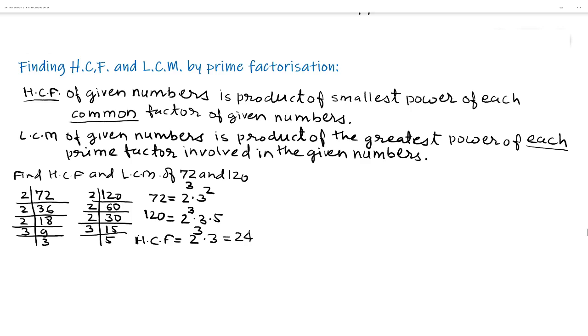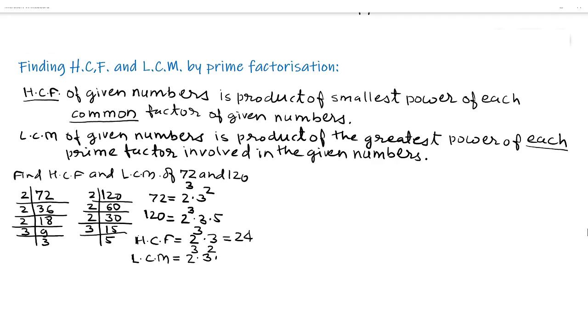Now we find LCM. For LCM we have to take greatest power of each prime factor. So here 2 is common in both the prime factors, and we have to take the greatest powers. So 2 to the power 3 is in both the cases, and then we will be having 3 to the power 2. This is greatest. In 72, 2 to the power 3 is greatest. So we will be taking 3 to the power 2.